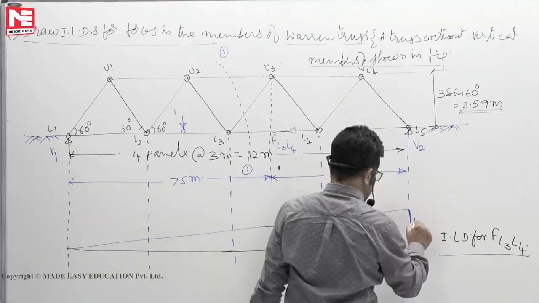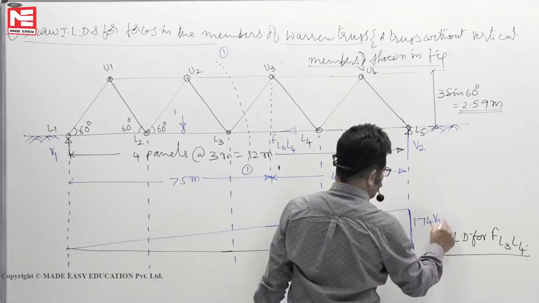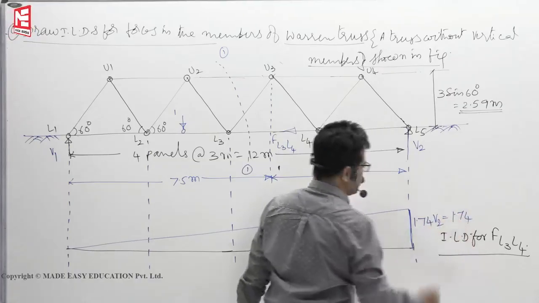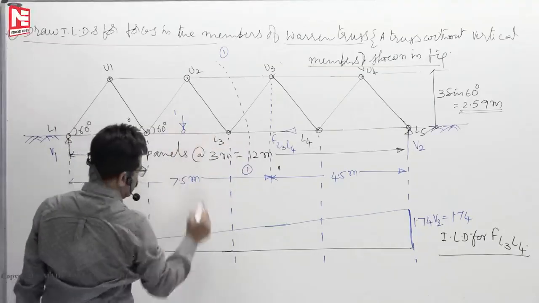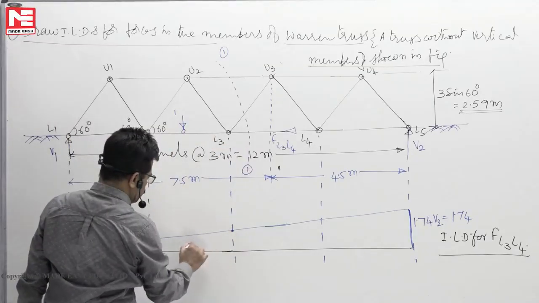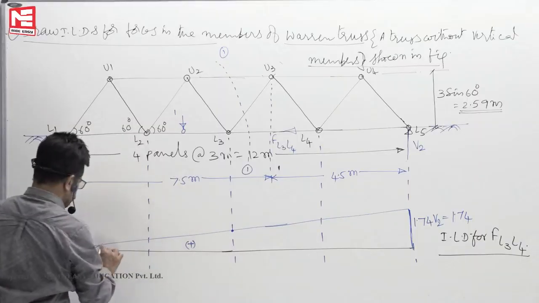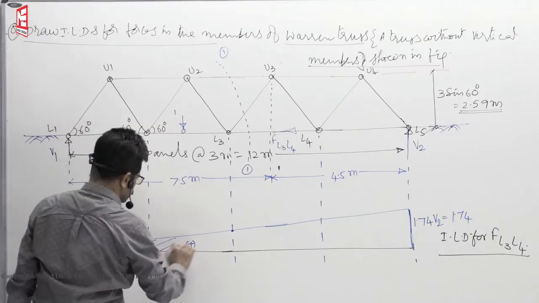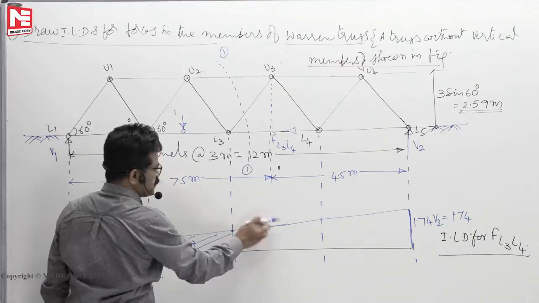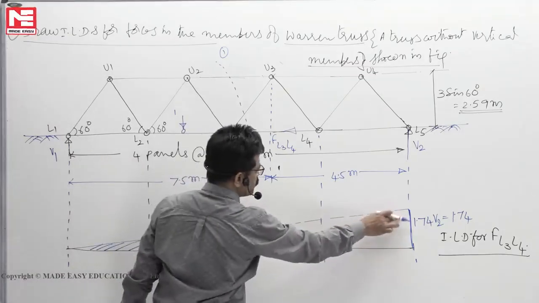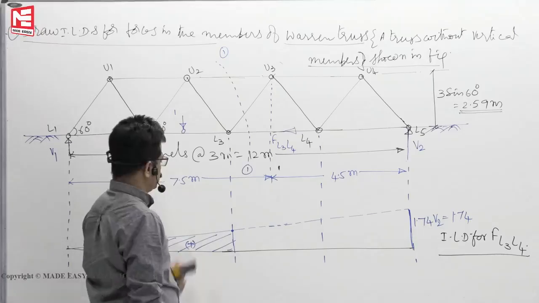This ordinate is 1.74 V2, nothing but 1.74. But this expression is valid only when the load is between L1 and L3. That means up to here only it is valid. Now this is a construction line like this. We'll cut it off. Okay.